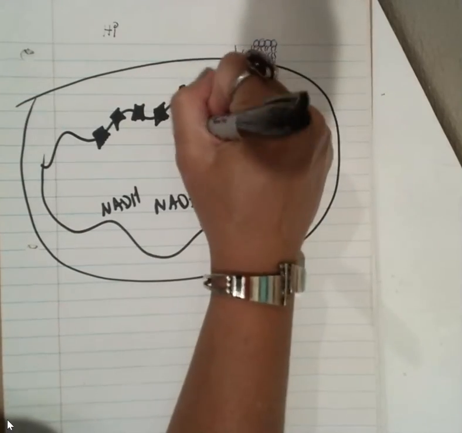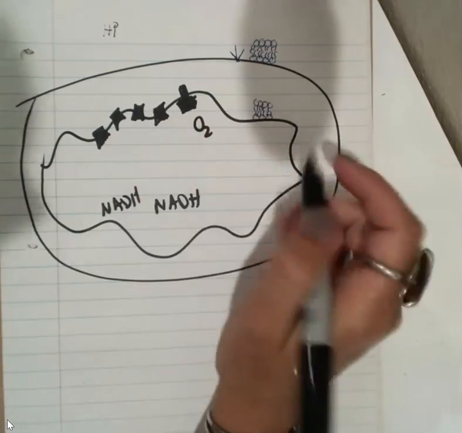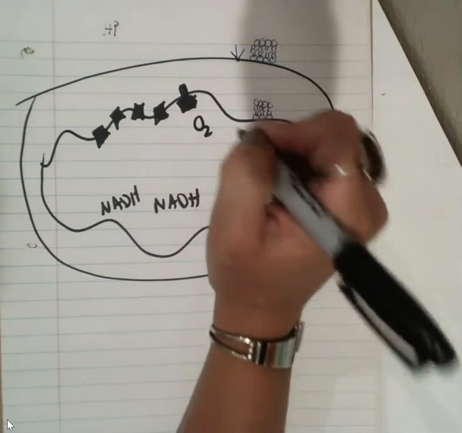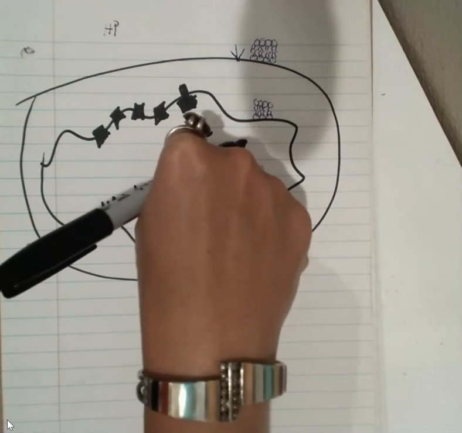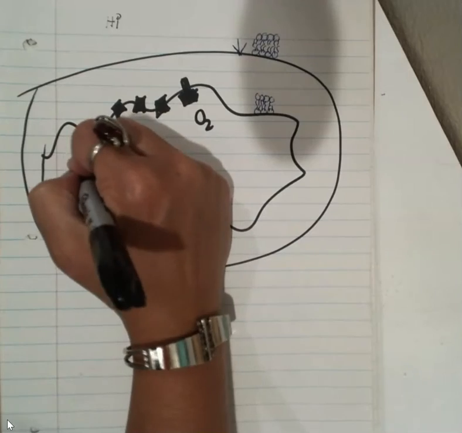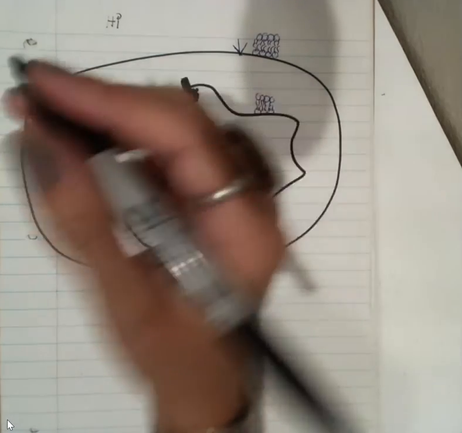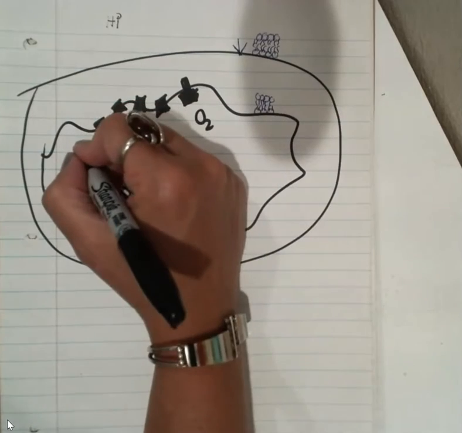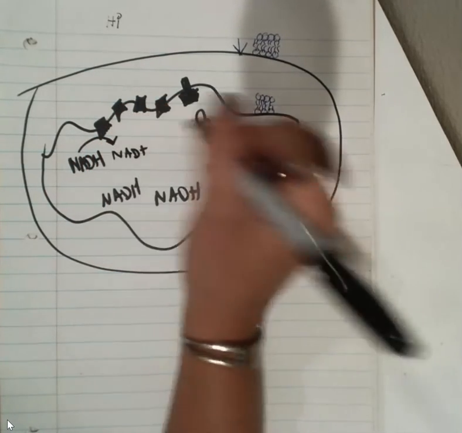Now, at the end of the electron transport chain there's oxygen. I really should have written it a little bit closer. That's okay. So here, we're going to take these reduced electron carriers, where we just made a whole bunch in that citric acid cycle, and we're going to oxidize them into NAD+.